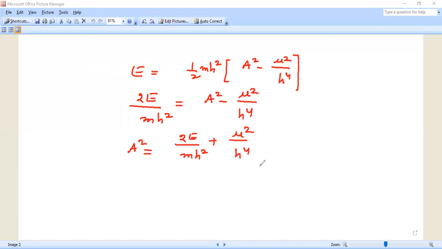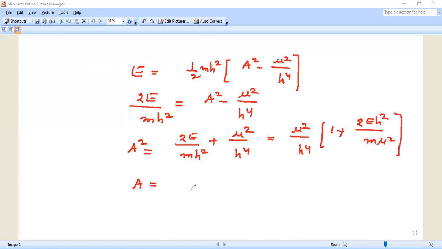Okay, that equals, there you take the common mu square by h power 4, then 1 plus 2E h square by m mu square.